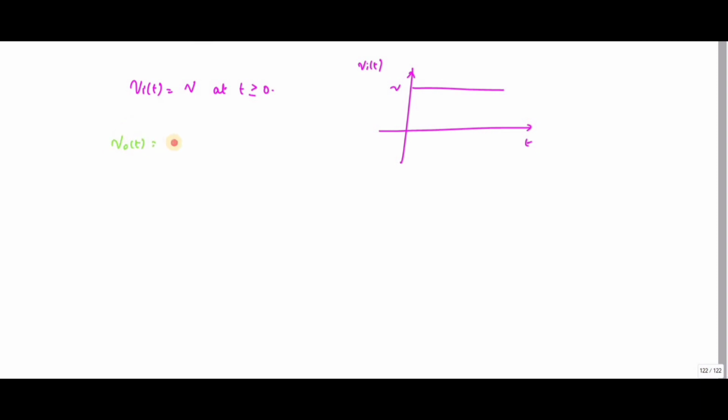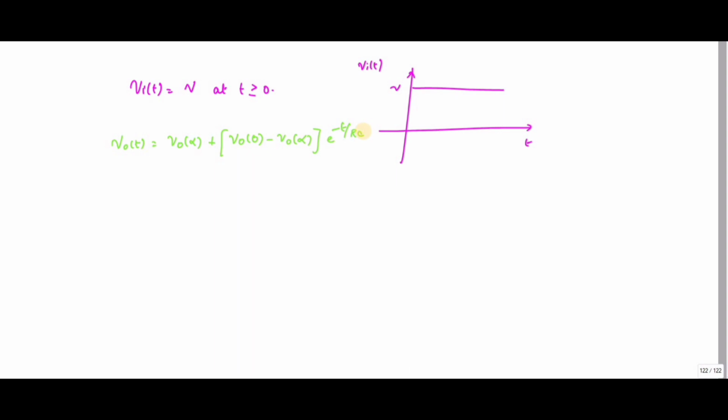So V0 of t is equal to V of final value plus V of 0 minus V of infinity into e power minus t divided by RC. Okay, so what is the initial value?